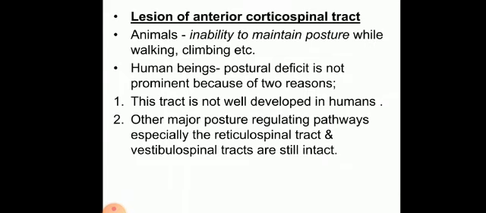For example, the reticulospinal tract and the vestibulospinal tract majorly maintain posture in a human being. When these are intact, a lesion of the anterior corticospinal tract alone is not going to produce a very prominent postural defect.